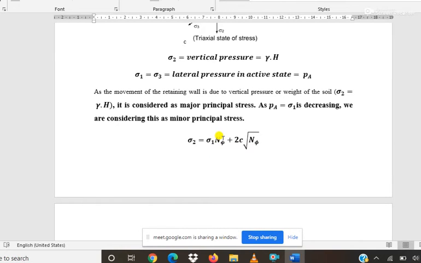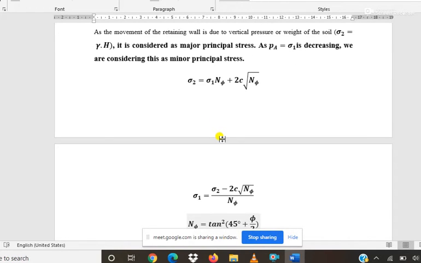Now I'm showing the equations we have used in the active condition, the relationship between major principal stress and minor principal stress. Major principal stress is sigma 2 and minor principal stress is sigma 1.